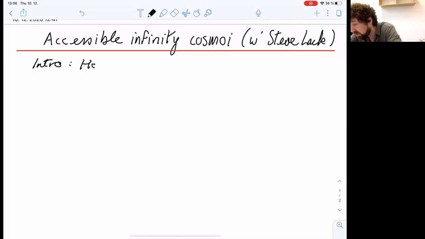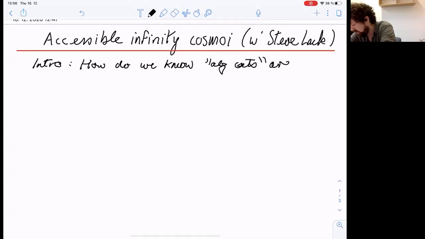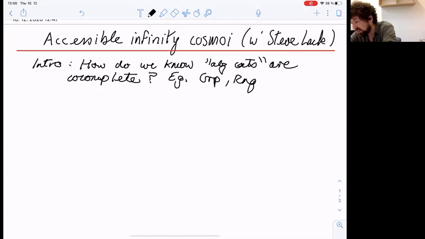So how do we know that algebraic categories, for example groups, rings, etc., are co-complete? Well, one way is to show that they have limits.